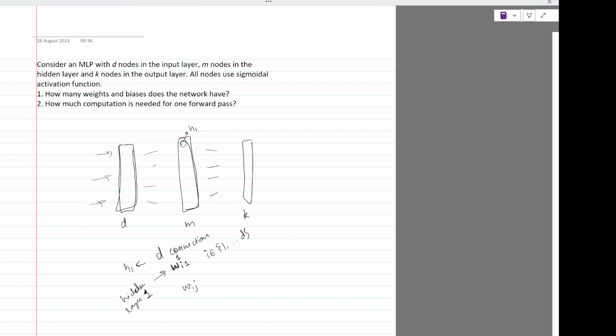Here j will vary from 1 to M for each node in the hidden layer, and i is from 1 to D for each node in the input layer. So what you have is basically D into M weights, because this Wij will form a D cross M matrix.